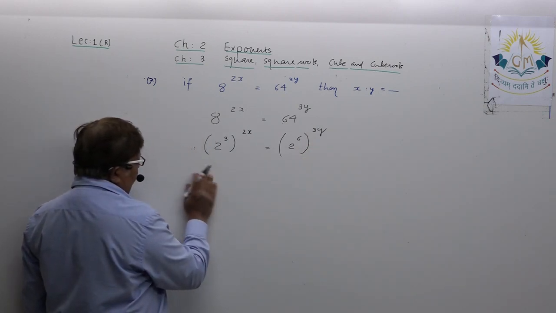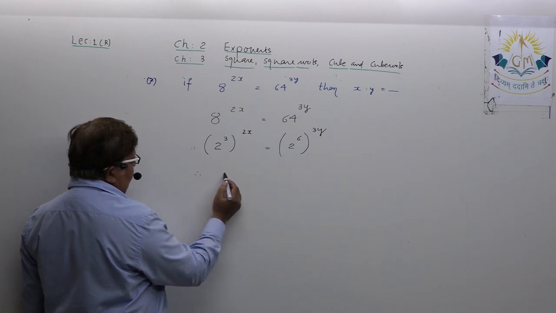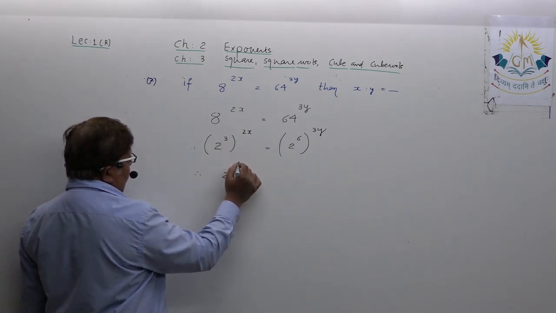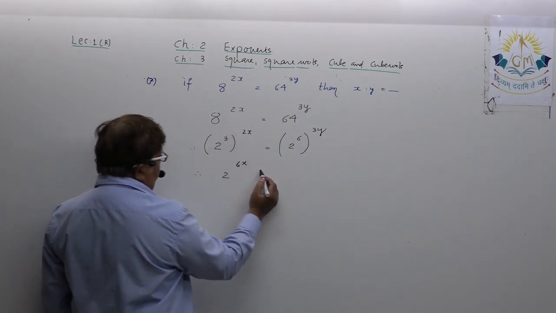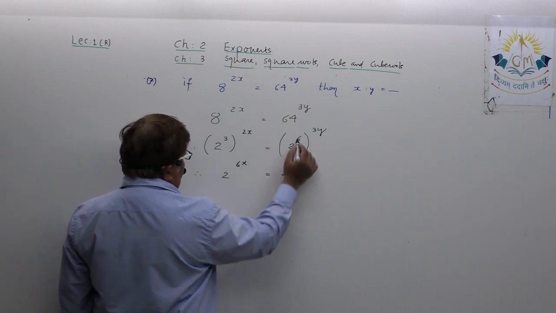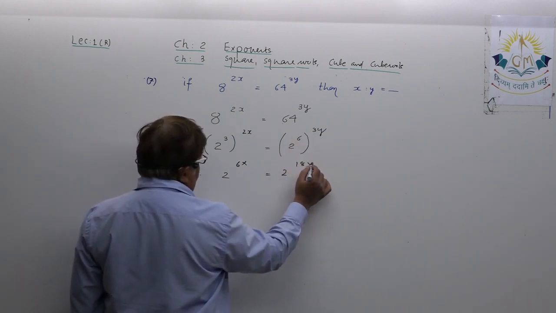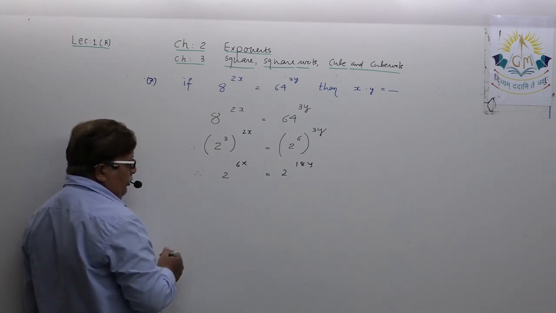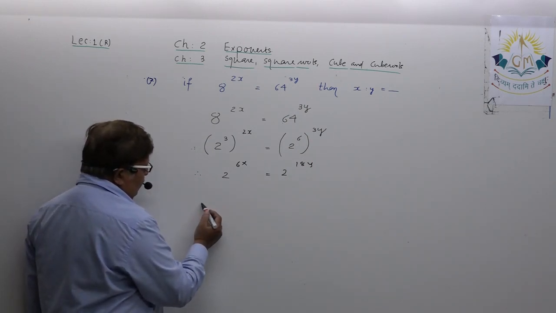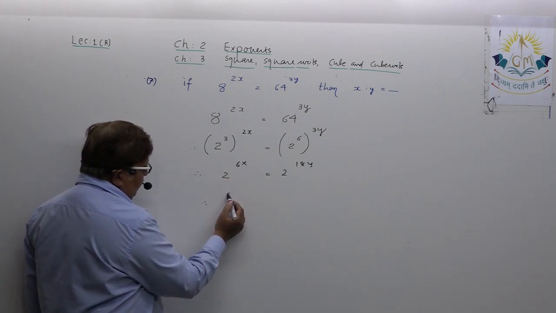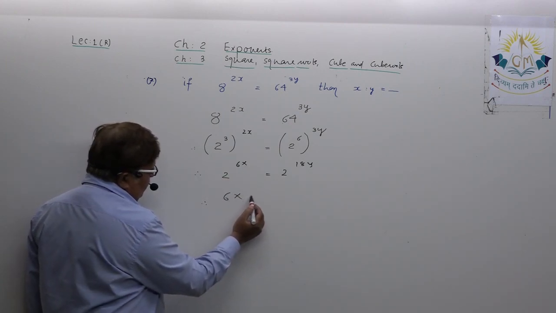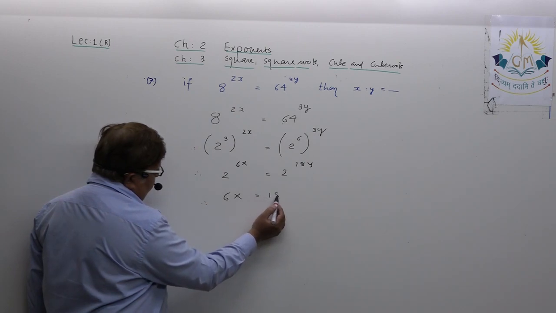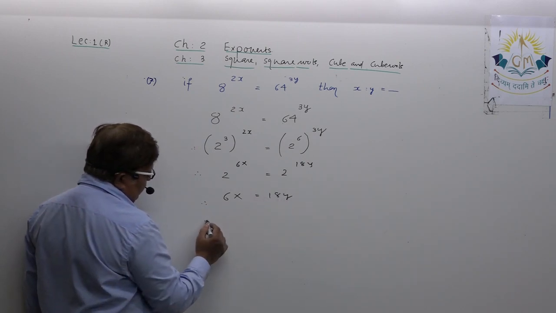Now the law of power comes to play. 2 raised to 6x, equal to 2 raised to 18y. Similar base in between the equal to sign, so power can be compared. 6x equal to 18y.